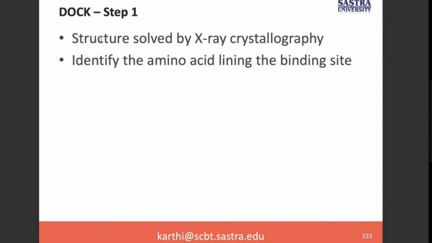The very first step: docking comes under structure-based drug design. We know that for any structure-based drug design approach in computer-aided drug design, we should know the 3D structure of the drug target. In one dedicated lecture I discussed the role of X-ray crystallography in structure-based drug design.